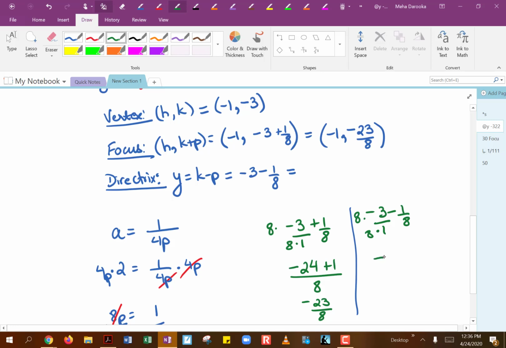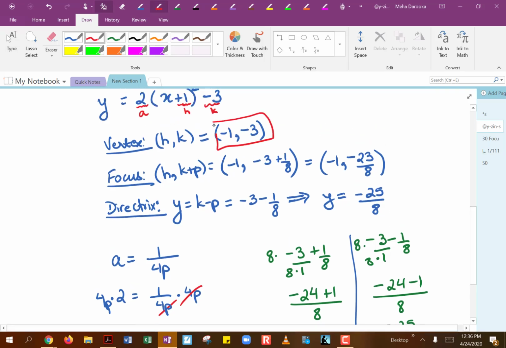This will end up giving us negative 24 minus 1 over 8, which of course comes out to be negative 25/8. And if it helps to write this as an equation, that should be y equals negative 25/8. So we've got our vertex, we've got our focus, and we've got our directrix.